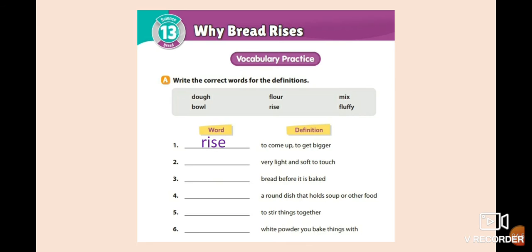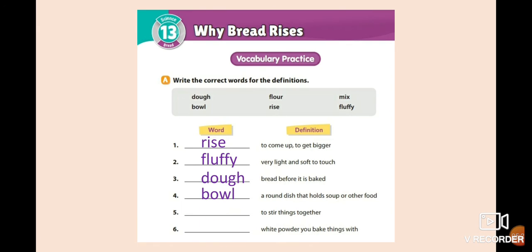Number 2, very light and soft to touch. This one is fluffy. That means very light and very soft. Number 3, bread before it is baked. We call this one dough. Antes de hornearse, lo llamamos masa. Then we have a round dish that holds soup or other food.